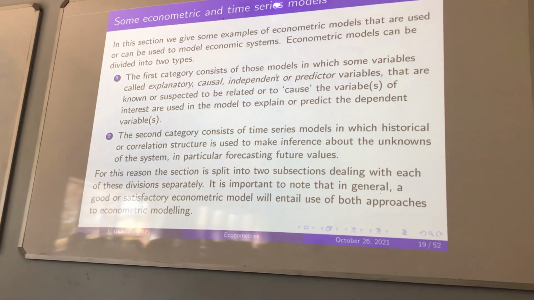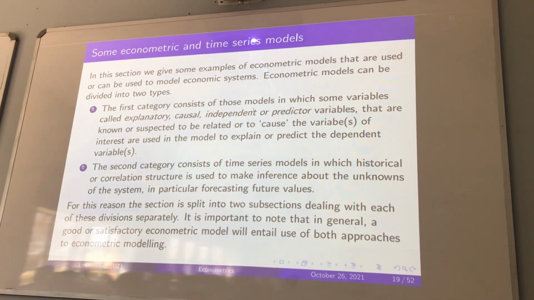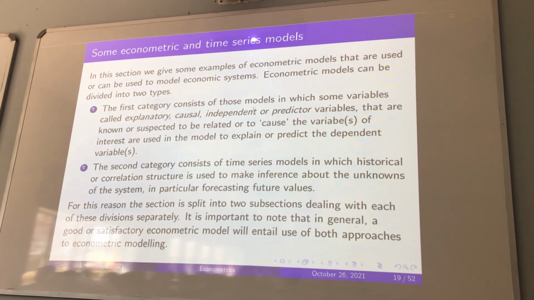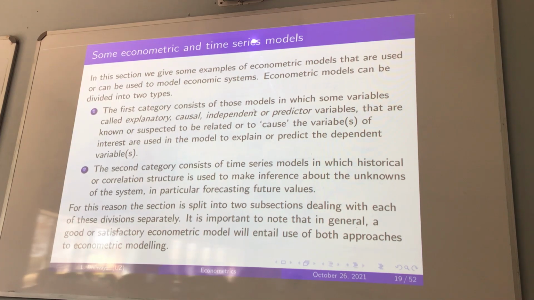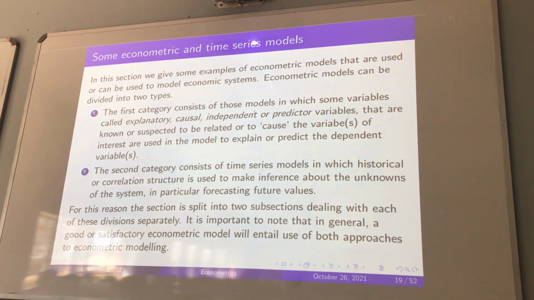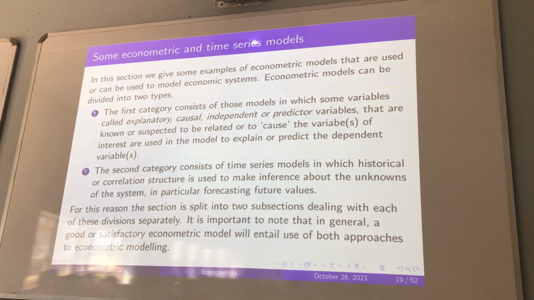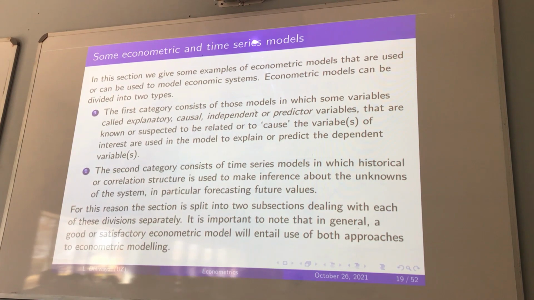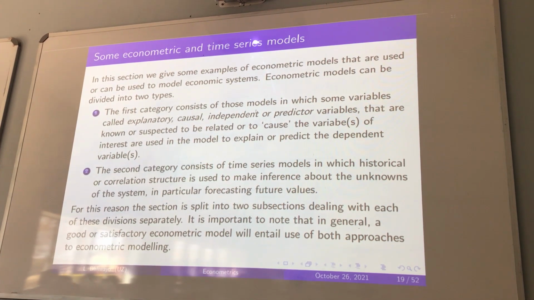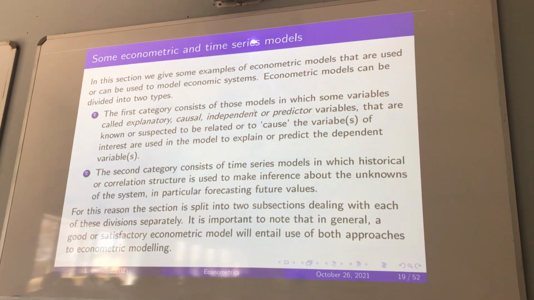Then the second category consists of time series models in which historical or correlation structures are used to make inference about the unknowns of the system, in particular forecasting future values. Okay, we have done the definition which has to do with the first category. You've done also what? Time series. Okay, so you've done these 2 categories.